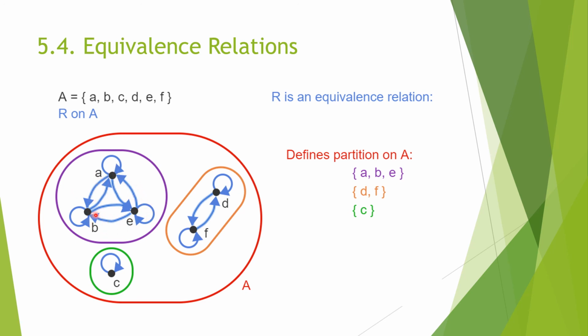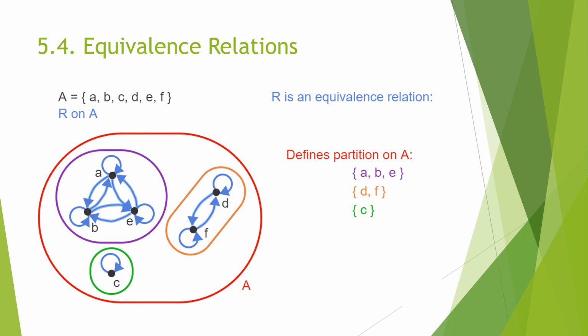As you see, there's an arrow from any element to any other element in this triangle, and the subset {a, b, e} is one of the subsets of domain A that participate in the partition of set A. Another subset that participates in the partition is {d, f}. The last subset is {c}.